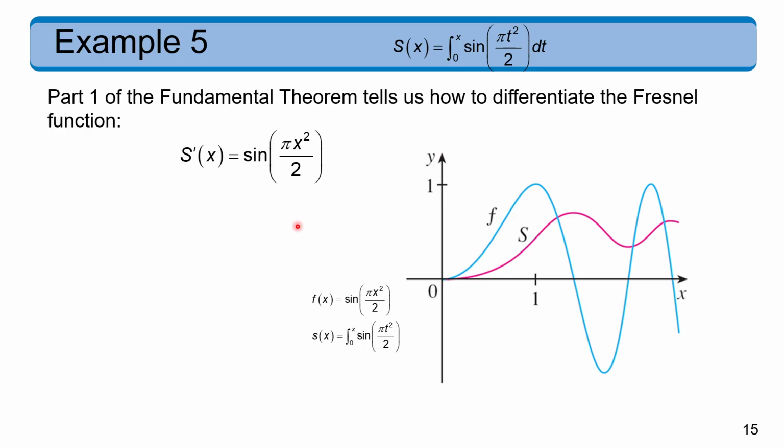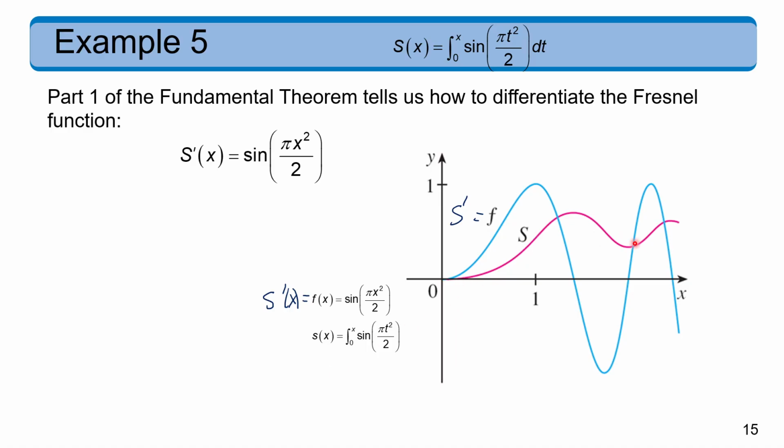So over here we've had a computer graph two things. One is the S prime, which we've called f. I'm just going to label that. That's S prime of x. So that's what we're seeing in the blue curve. And then we've also graphed S of x in pink.